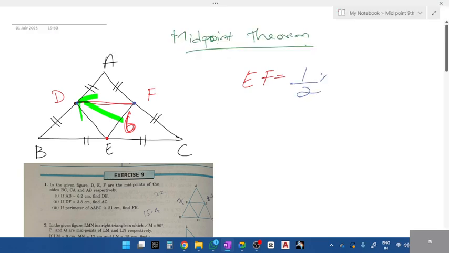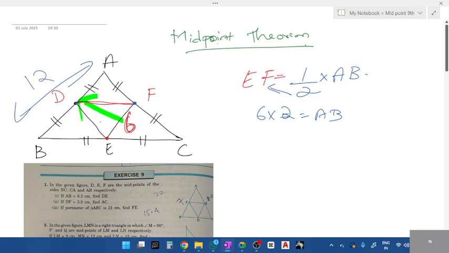So what's the formula? EF should be half of AB. If EF is 6 centimeters, AB will be just double that. 12. This will be 12 centimeters. Okay. If DF is 5 centimeters, what is BC?